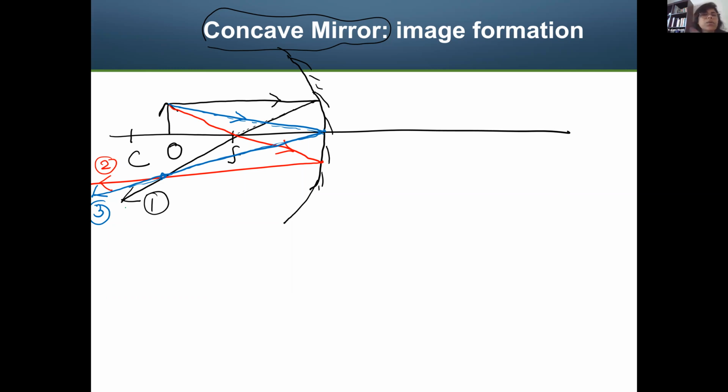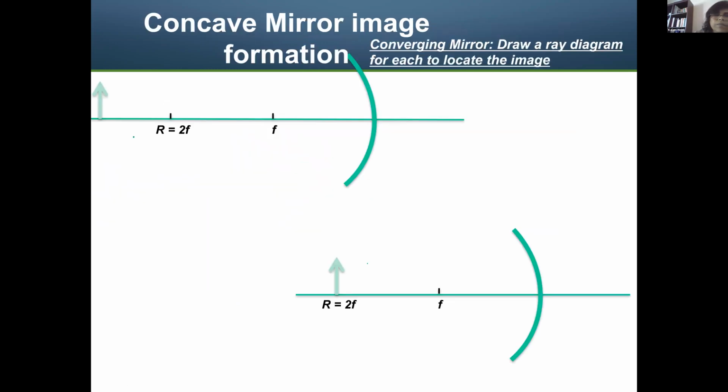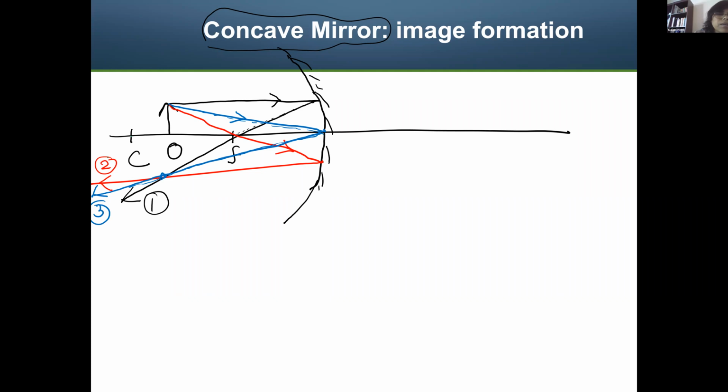The fourth ray goes through the center and will be reflected back on top of itself. Don't take this as a best example because my drawing is out of place. What I mean is, if I send a ray through the center point to the mirror, it should go back along the same path.